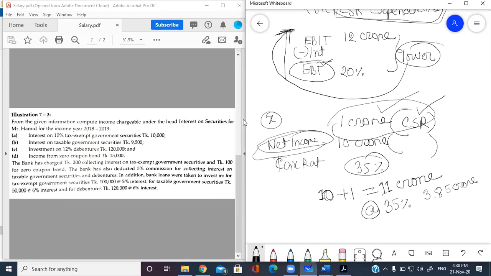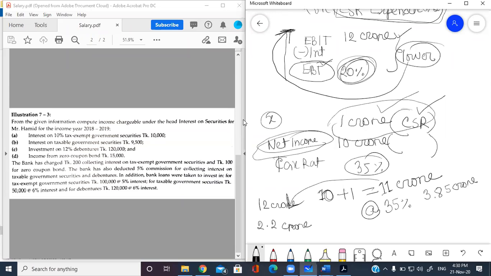And if you take 20% of this 11 crore, how much will be this amount? 2.2 crore. Now you have to compare this 2.2 crore with which number?